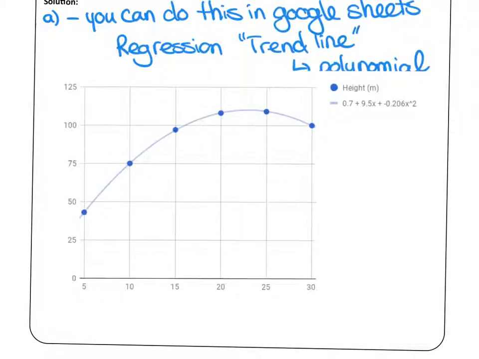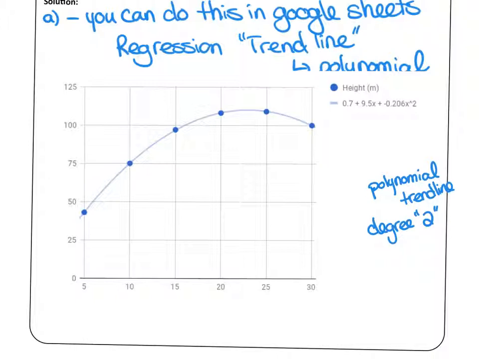So I'm just going to write on here that I did a polynomial trend line, and I chose degree 2 because you can choose that. I'll try and take a picture of it later and input it into the lesson. But for right now, I'll write it down there for you.